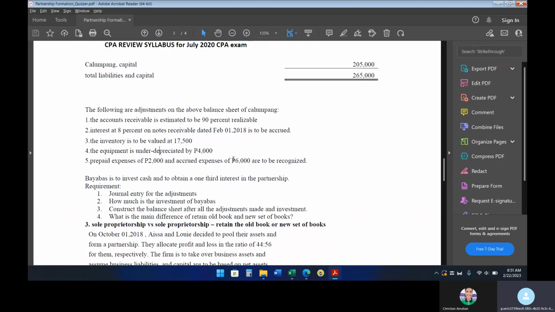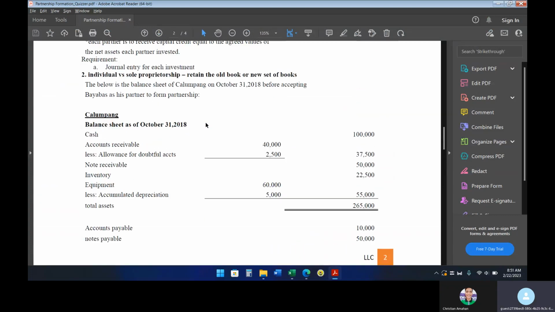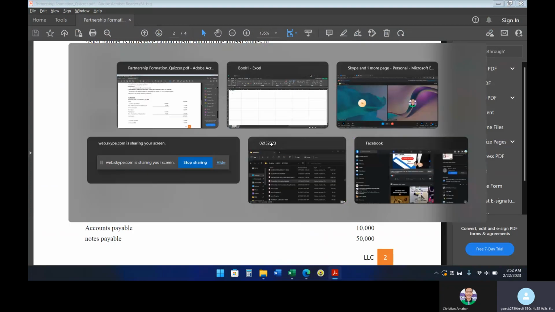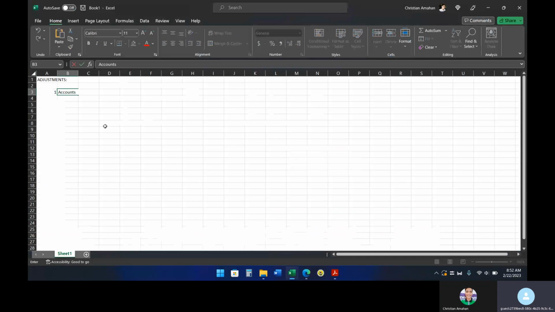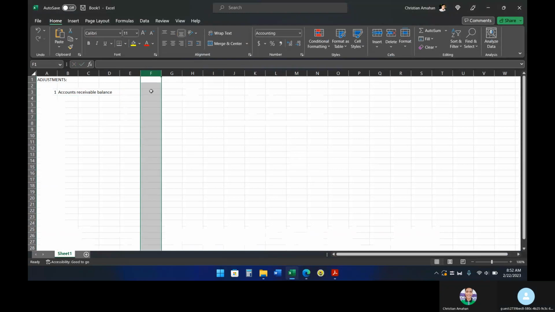So the first adjustment is that si accounts receivable daw is to be realized only at 90%. So meaning sa 40,000 pesos nga accounts receivable ni partner Kalumpang, 90% lang daw ana ang atong collectible as of that date. Na ato lang sa i-compute una ang adjustments nga amount nga atong ibutang. So accounts receivable balance is at 40,000 pesos.